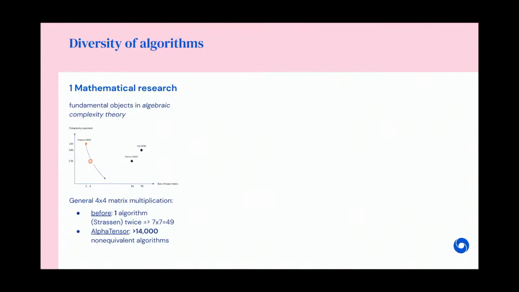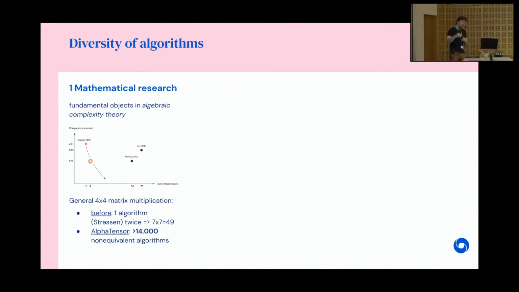Okay, so beyond discovering algorithms that are strictly better in some metric, it's also interesting that usually when using an RL agent, you discover a whole population of algorithms. And indeed, this is what happened in our case: we didn't just discover one algorithm for every base matrix size that had some number of multiplications. We usually discovered thousands of non-equivalent algorithms that had the same number of multiplications.